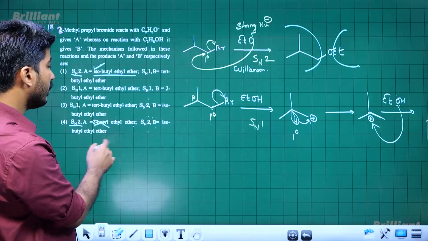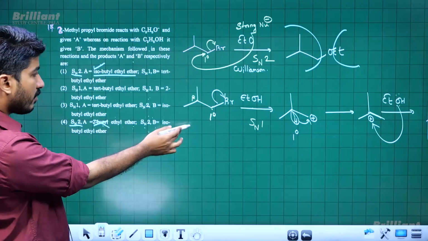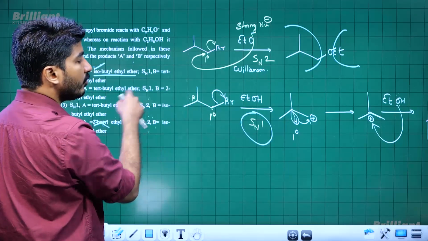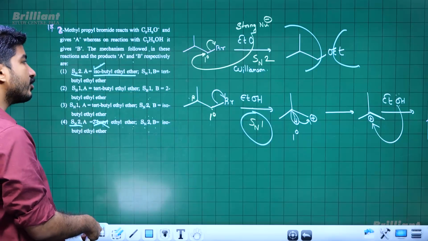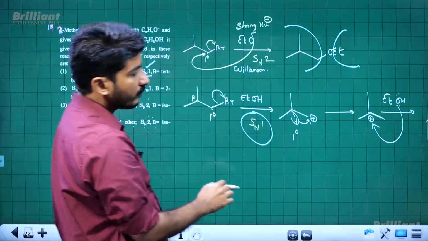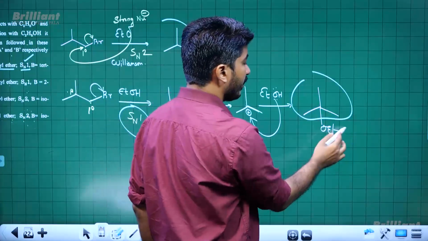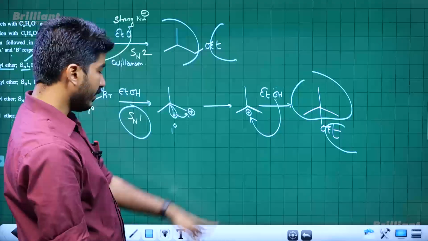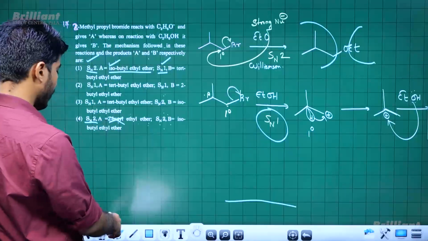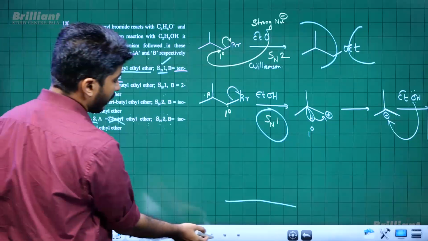Anyway, that is wrong. And the second reaction, we are having an SN1 reaction, that is solvolysis of a primary with crowded beta, that will be SN1, and SN1 is correct, and the product is a tertiary butyl group and an ethyl group, tertiary butyl ethyl ether. Yes, option 1 will be the correct choice.